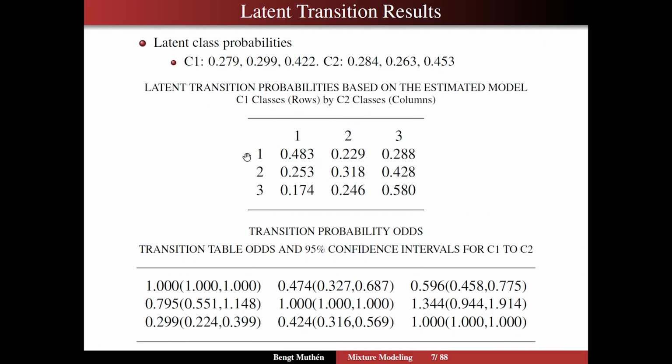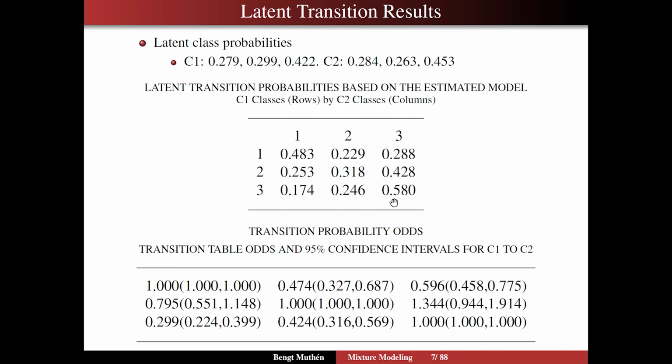So for people who start in C1 class number 1, that is being in the first row, they have a probability of 0.483 to stay in class 1 at time point 2, and lower probabilities to move to other classes at time point 2. Same thing for class 2, where the probability is the highest to move to class 3. Typically we have higher values on the diagonal. Some kind of inertia is often seen, and that's seen for the third row, where the highest probability is staying in class 3.